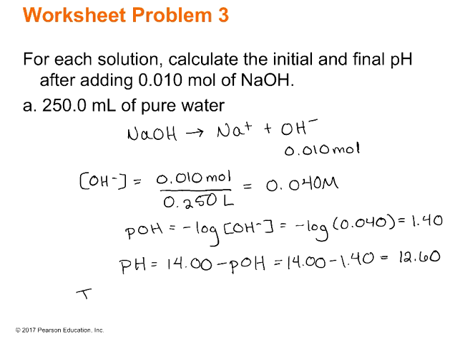So remember, our initial pH of water should be 7, and now our final pH after adding sodium hydroxide is 12.6. So sodium hydroxide in pure water significantly increases the pH value. But let's see what happens when we add this sodium hydroxide to a buffer.